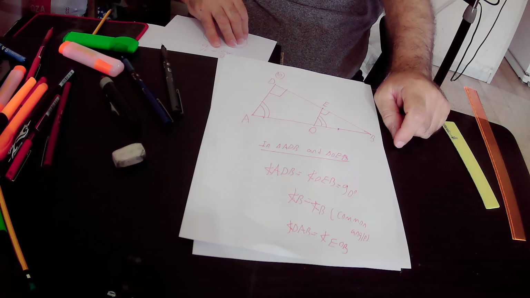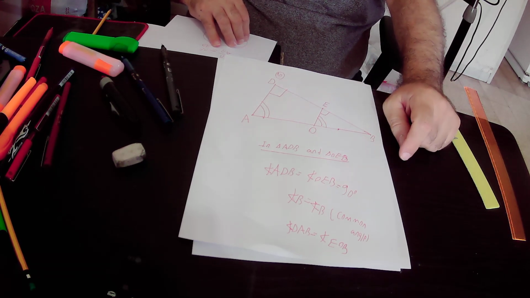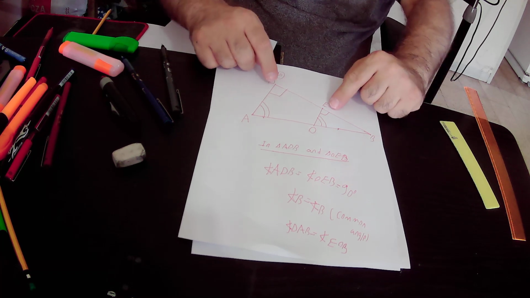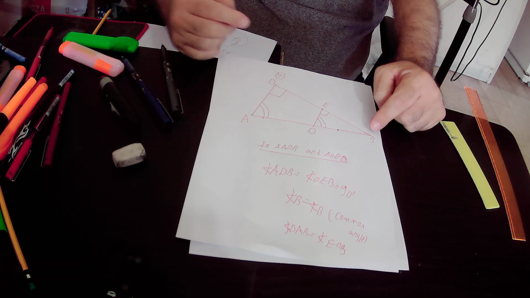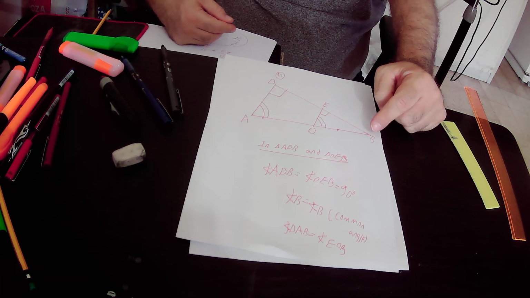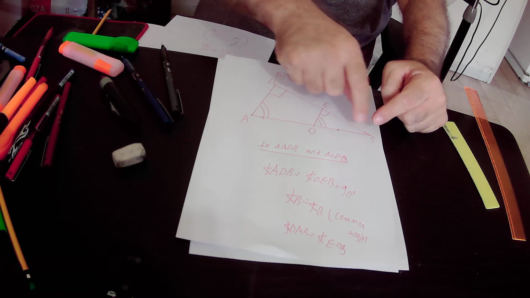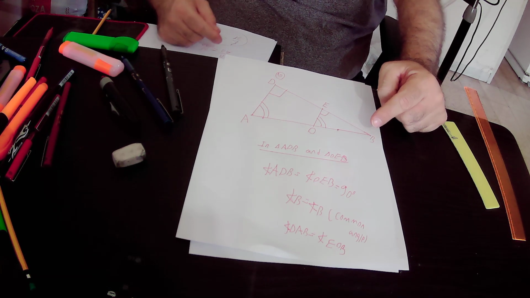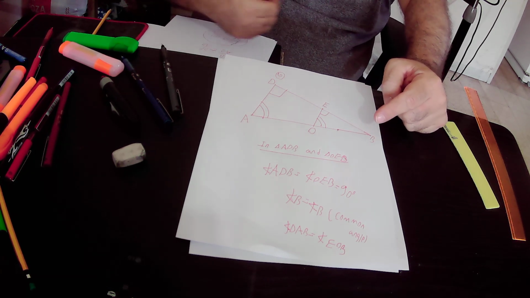So in triangle ADB and triangle OEB, we know that those two angles are right angles, therefore they are equal to each other. We have a common angle. This angle belongs to the big triangle ADB, and it also belongs to the small triangle OEB. Therefore, angle beta equals angle beta, that is a common angle.